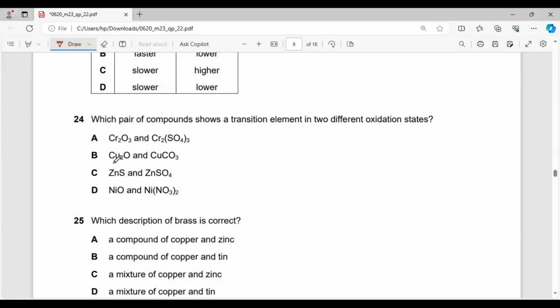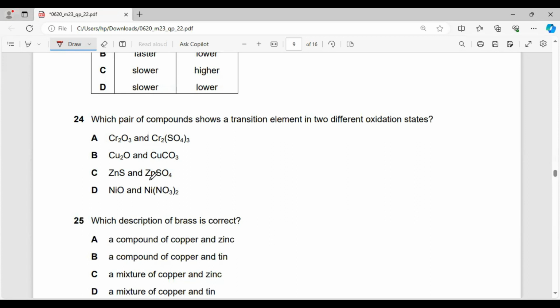In this case, copper has gained only 1 oxygen in Cu2O, so it is in +1 state, and in case of CuCO3, it has gained the carbonate ion, so it is existing in +2 state.